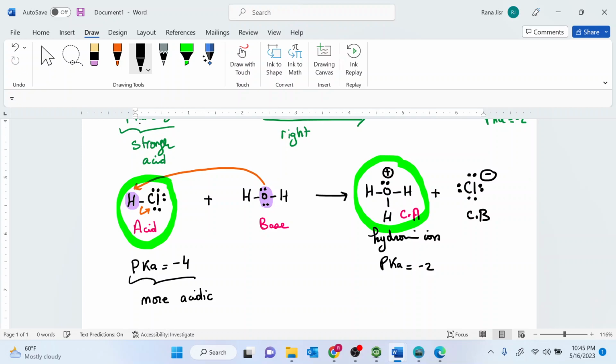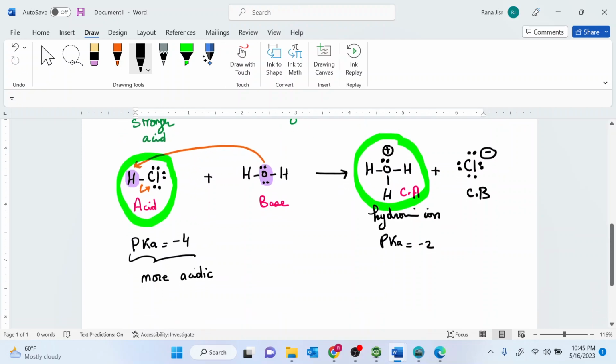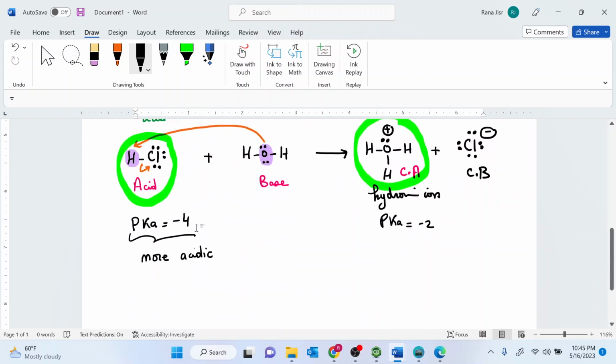So again, the smaller the pKa, the more acidic is the acid. So -4 here is smaller than -2. This is why the direction of equilibrium is going to lie always away from the more acidic acid.